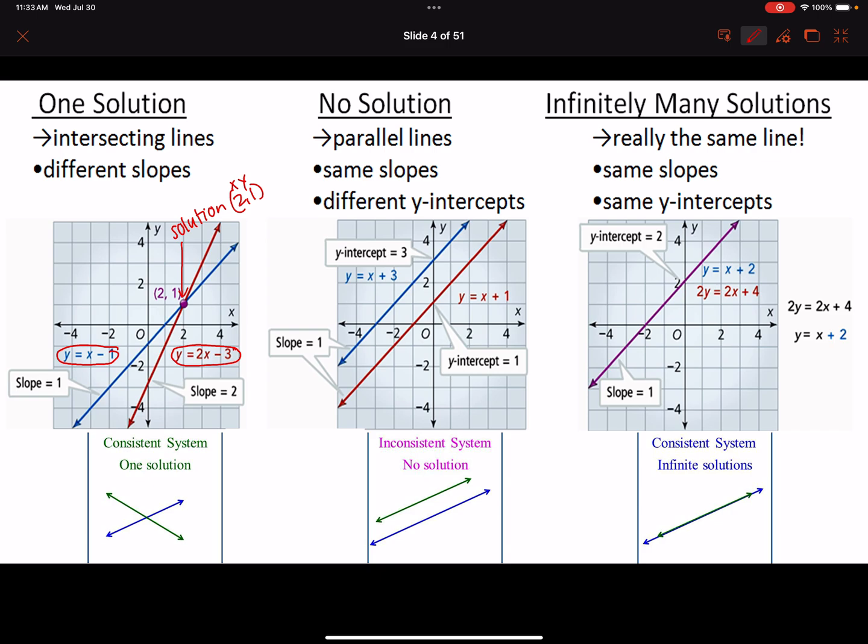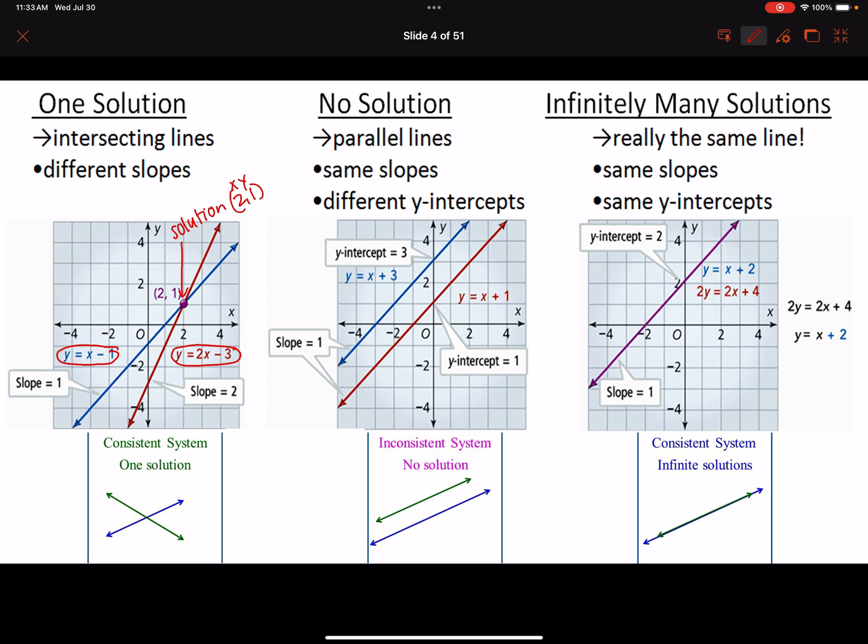Typically, when we're looking for one solution in the real world, we're comparing 2 different kinds of plans. So it might be a phone plan or gym memberships. And the point of intersection is where they both cost the same in a real world experience. So that's what a solution looks like. It's an intersection on a graph. It's an ordered pair, it's x, y.